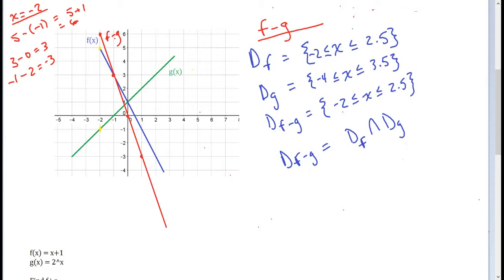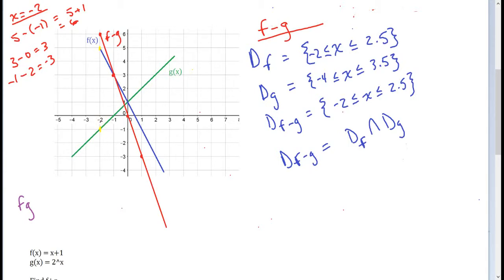Okay, you could also multiply. You can use the same strategy to multiply. I'm going to try to do that here quickly, and hopefully it'll be easy to see. So say we do in purple f times g. So now we're just taking the same domain from negative 2 to 2.5, and we're multiplying values. Now I think some of these might get outside of what's on the graph. Shouldn't be too bad actually.